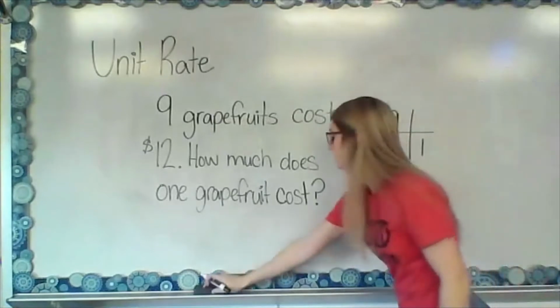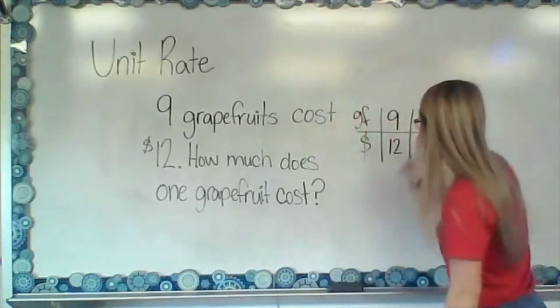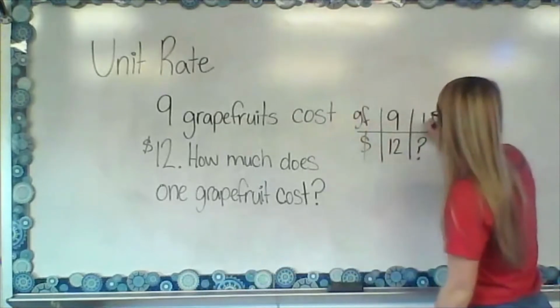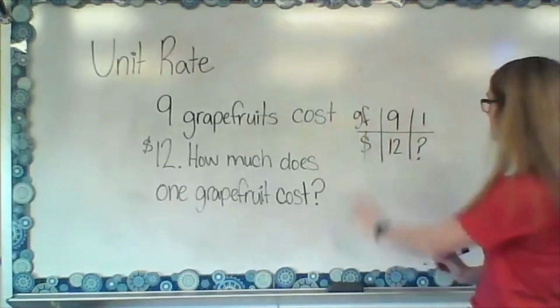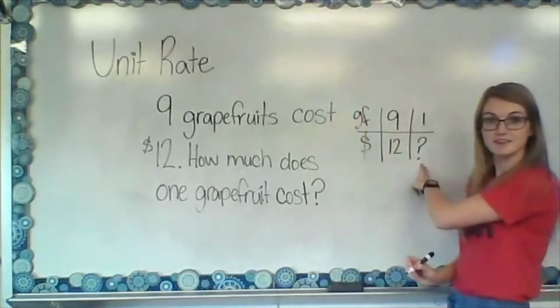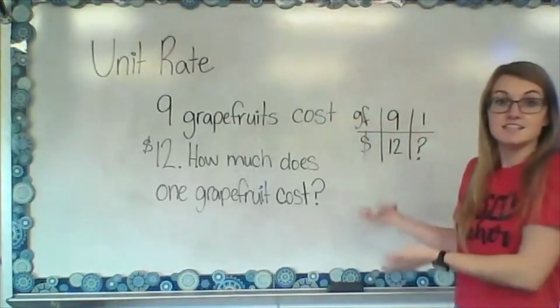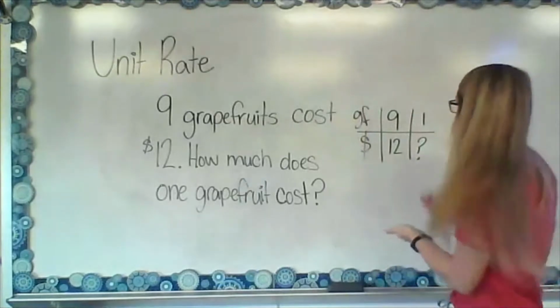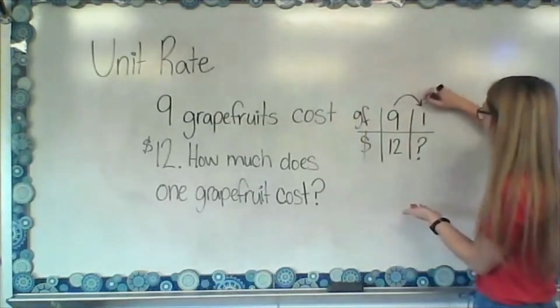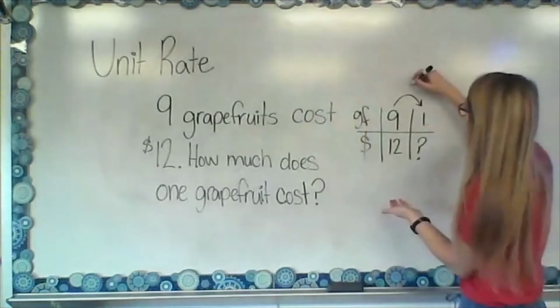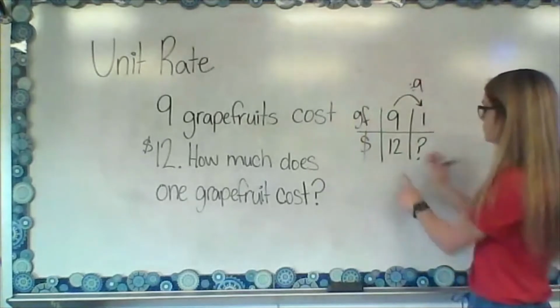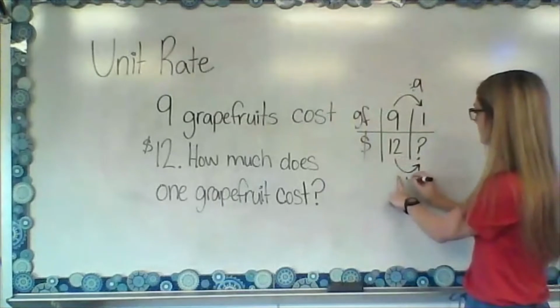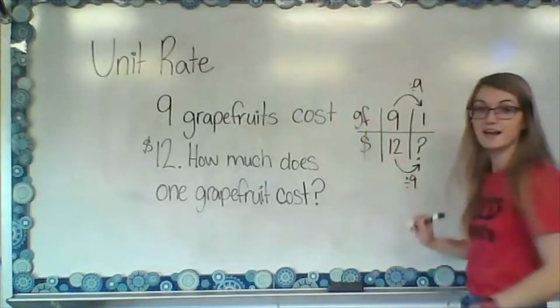So, oh, oops, wrong way around. That's what we're trying to figure out. So we've got a 1 on top. This is the blank. And then we have to ask ourselves, this is just a table, and you know how to do that, right? How do you go from 9 to 1? You divide by 9. So what am I going to do with 12? Also going to divide by 9.